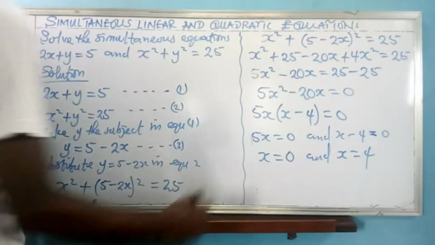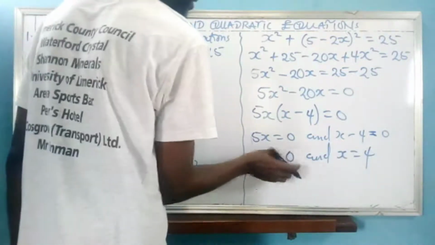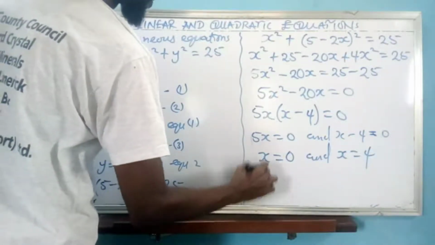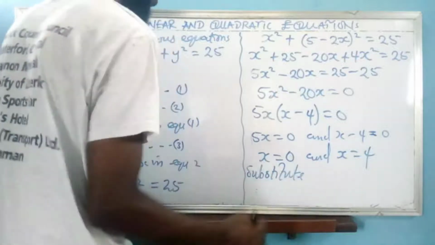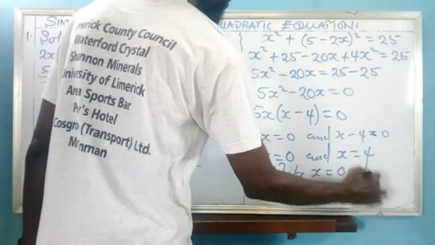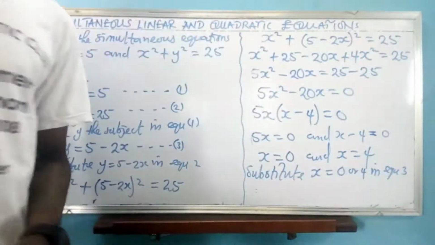Okay, substitute. So we already know what our x is now. It can be 0 or 4. So substitute x equals 0 or 4 in equation 3.